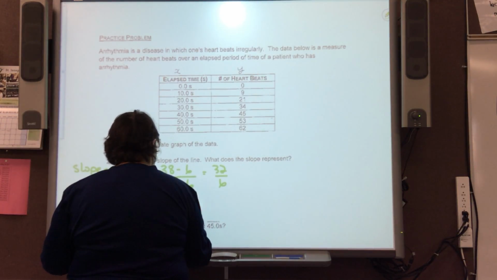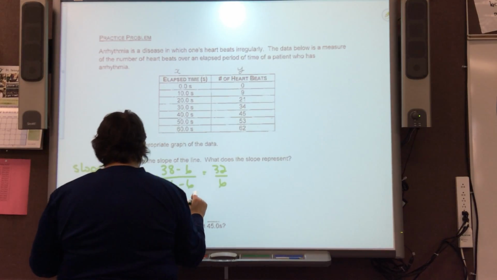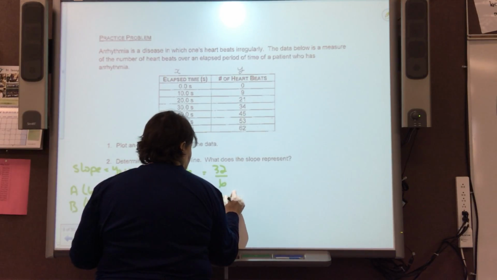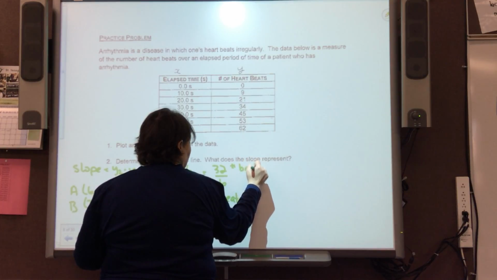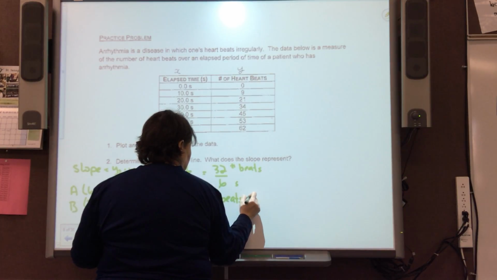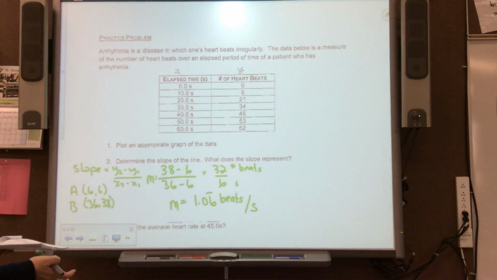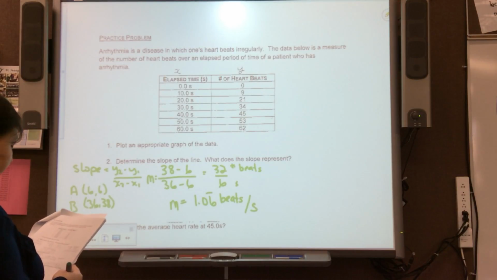Which is equal to the slope, m is equal to 1.06, repeating, beats. Remember this is the number of beats, and this is seconds, so this is beats per second. That's our unit. We don't even have to have a formula. We can figure out the units from the graph.